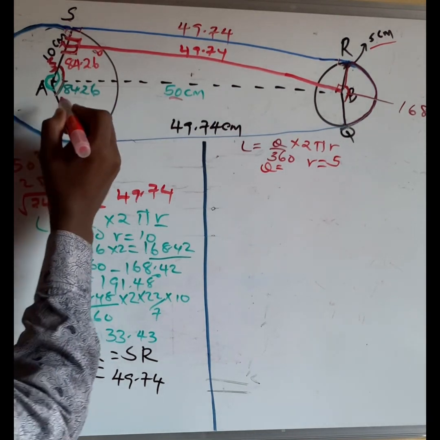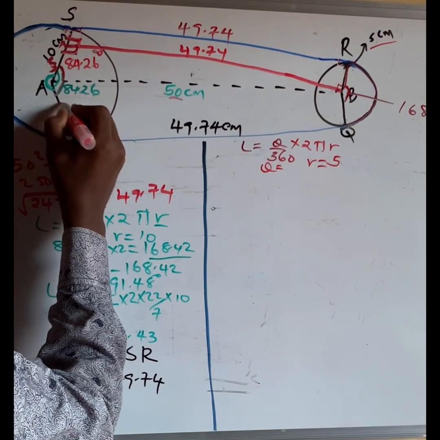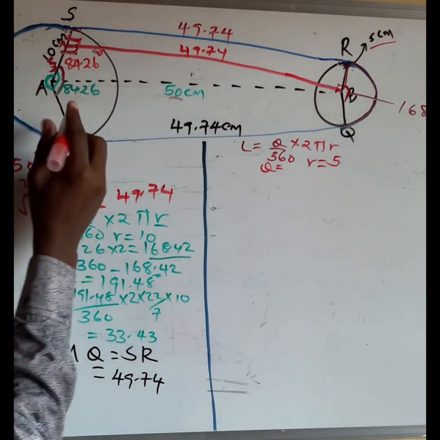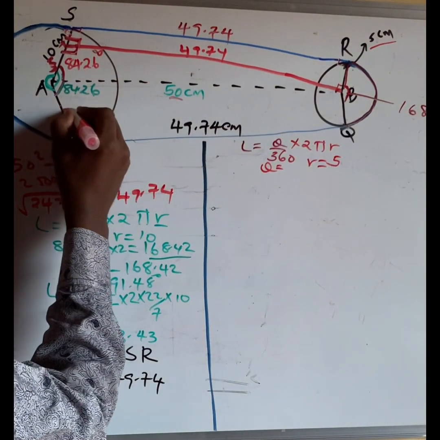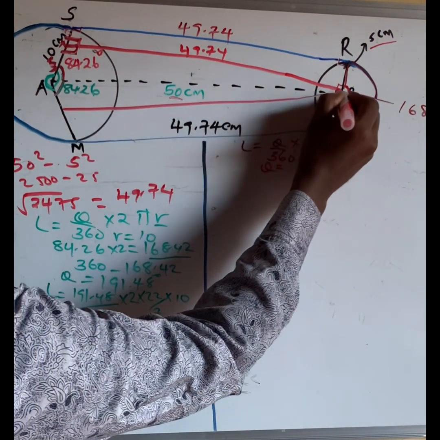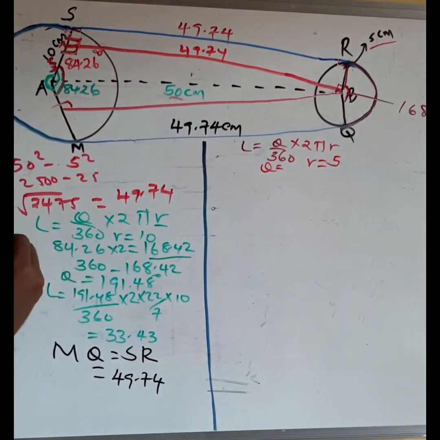Suppose we draw a line from here, again, a perpendicular bisector of line AM, and join it to the center of the circle B, which means this angle will be 90, and this is also 90. Look at a certain triangle.